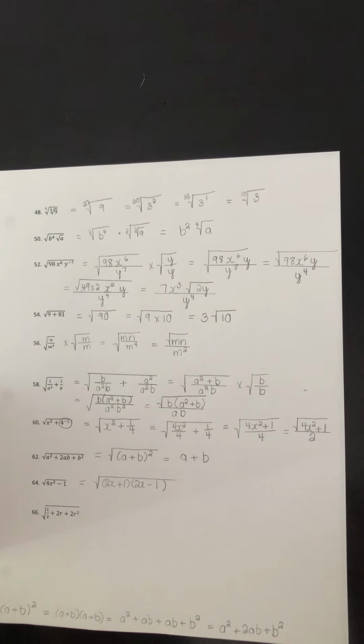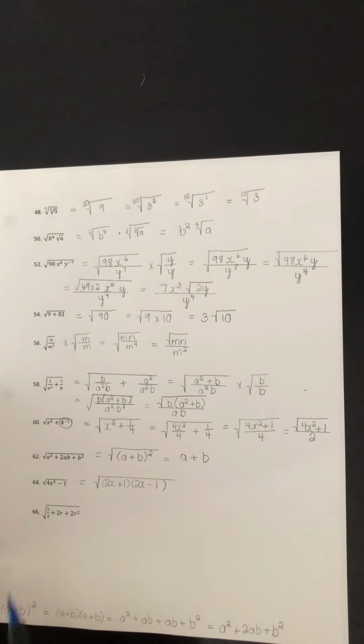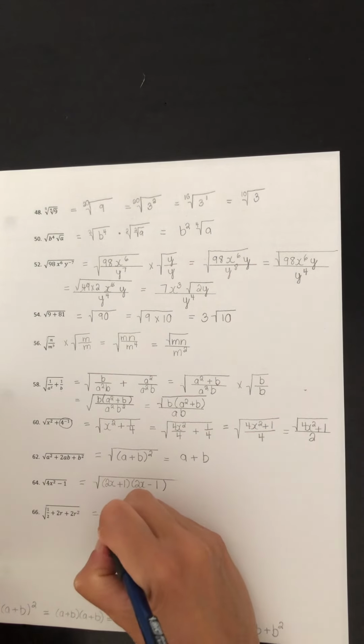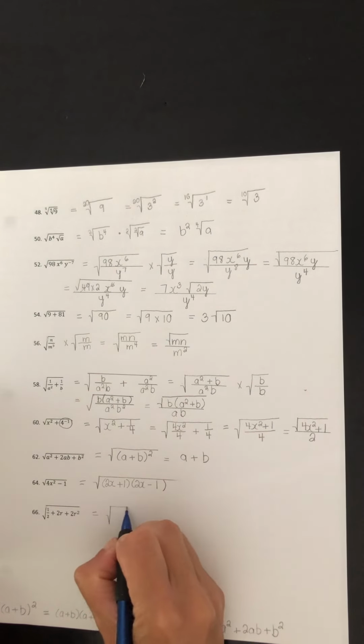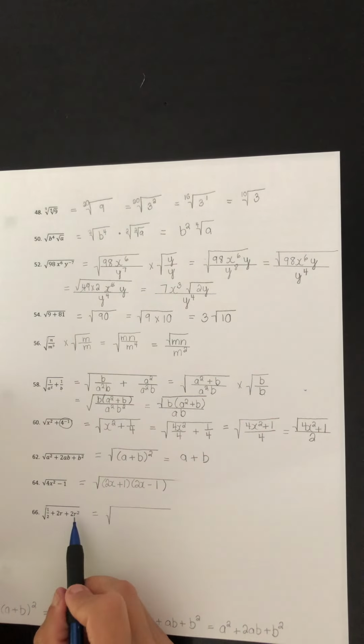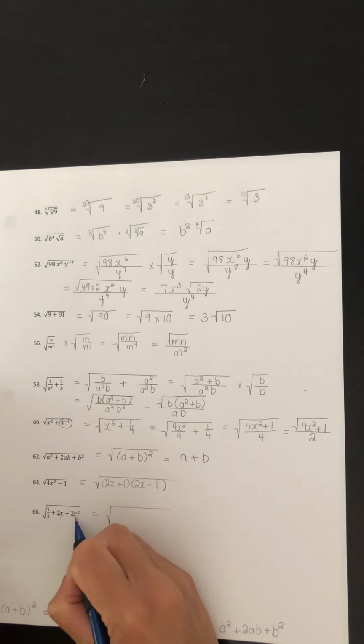Okay, one last example. So number 66, take a look. We're gonna make these have a denominator of 2 also, so that we can actually combine these things. So if we did that, I'm going to change the order as well. Right now, these guys have denominators of 1, of course.